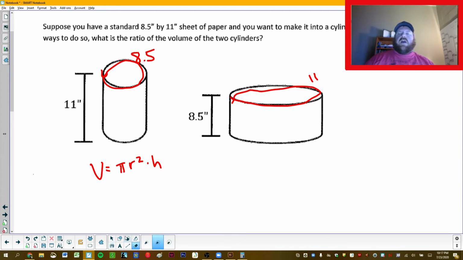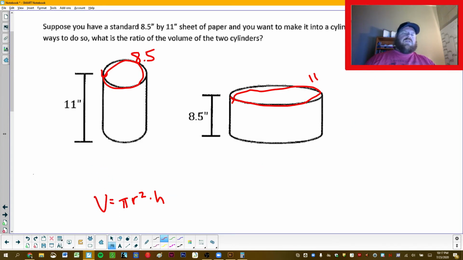We do need to find the radii of these two given the circumference. So circumference, if you remember, is pi times the diameter. That doesn't help me too much, but what does help me is to know that it's also 2 pi times the radius. Let's solve for the radius knowing what the circumference is.